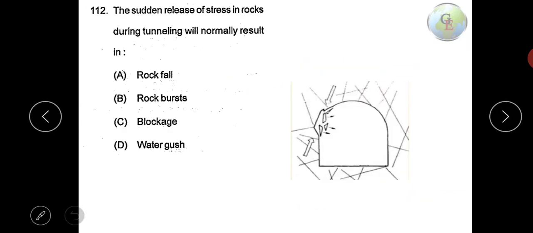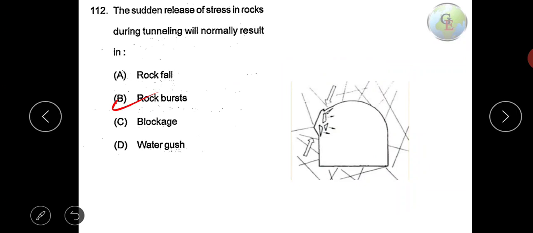Next question. The sudden release of stress in rock during tunneling will normally result in rock fall, rock burst, blockage, or water gush. Here the answer will be rock burst. Rock fall is the falling of rock under the influence of gravity in mass wasting.